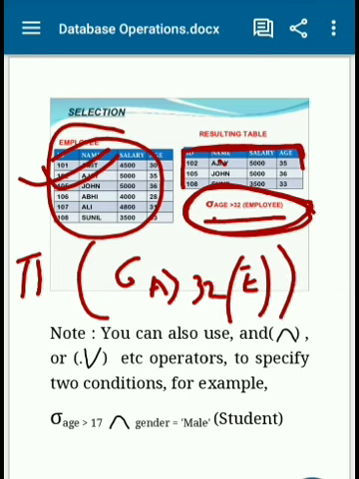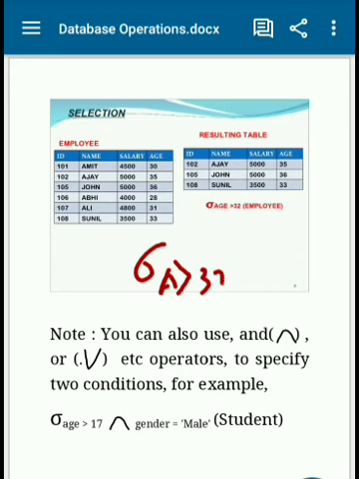Here you could write selection age greater than 32 employee. All of you know this gives, from the employee table, only the tuples with age greater than 32. This generates this table, and if you write only this syntax, it gives all 4 attributes, but we only need the name and age attributes.